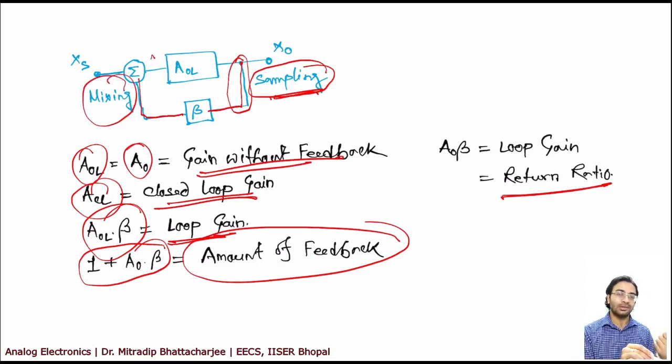So whatever happens on the input side can be termed as mixing. So you have two processes going on: sampling in the output, mixing in the input. Although sampling is a well-known terminology in digital electronics, it's a little different from what we are discussing. Is that okay?